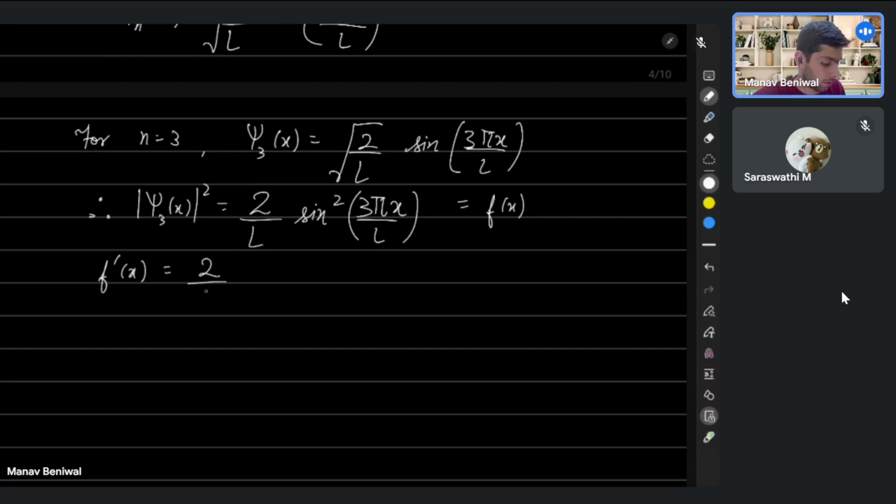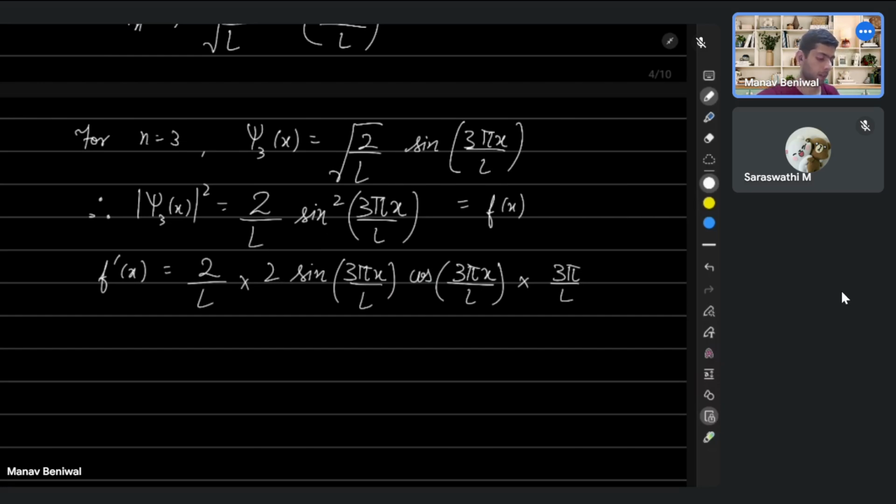This will be 2 over L, and since this is sine squared, this will become 2 sine 3 pi x over L, and then cos 3 pi x over L, into 3 pi over L. This is basically 2 sine theta cos theta, and we can write this as 6 pi over L squared sine 6 pi x over L.